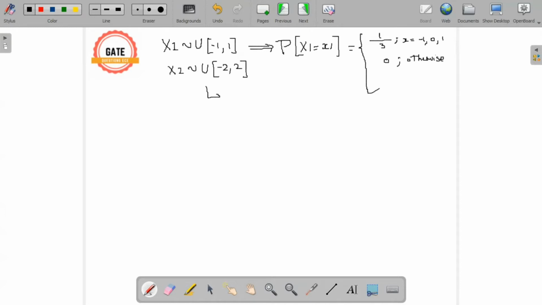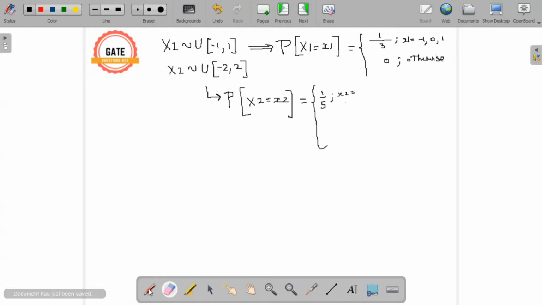Similarly, for x2 we can write the PMF: probability X2 equal to x2 will be 1 by 5 whenever x2 is -2, -1, 0, 1 and 2, and it is 0 otherwise.